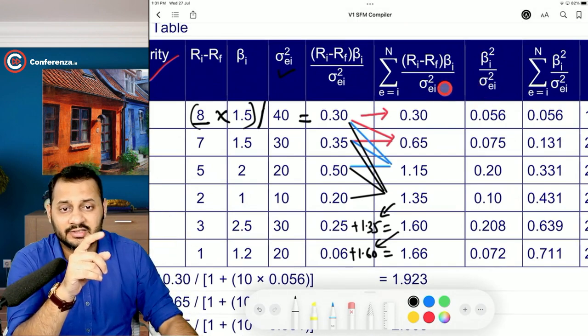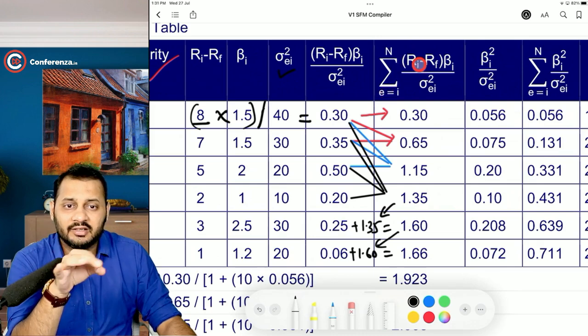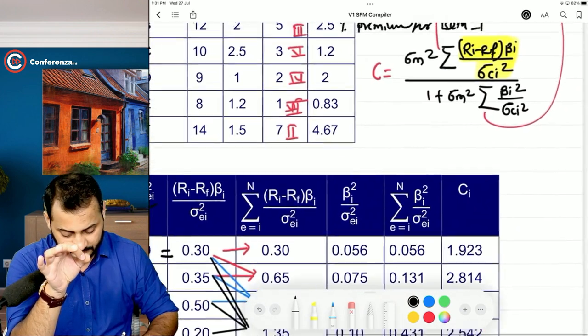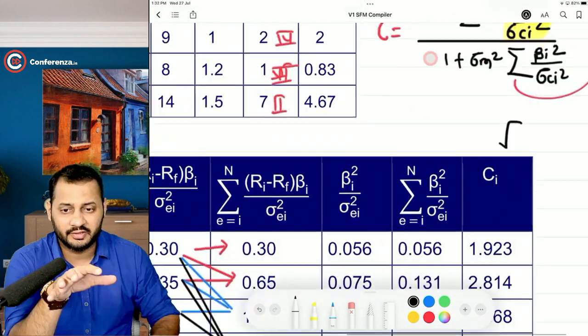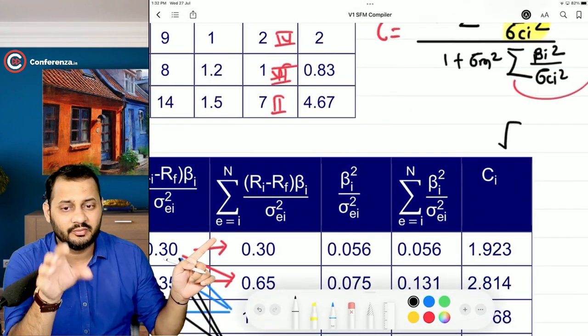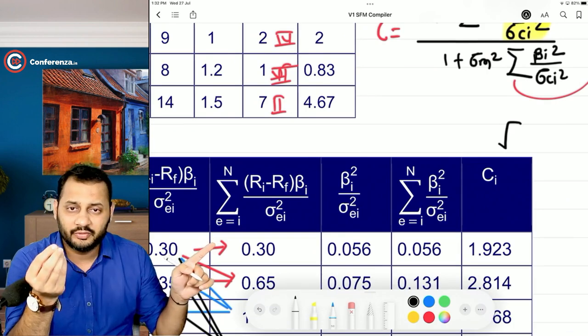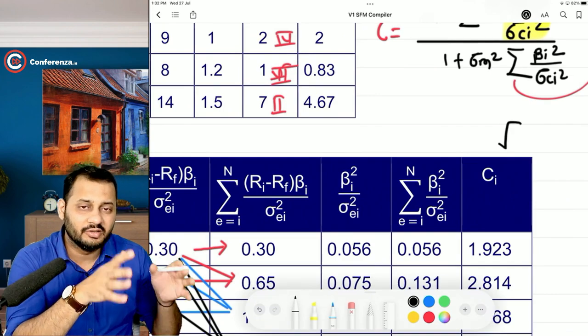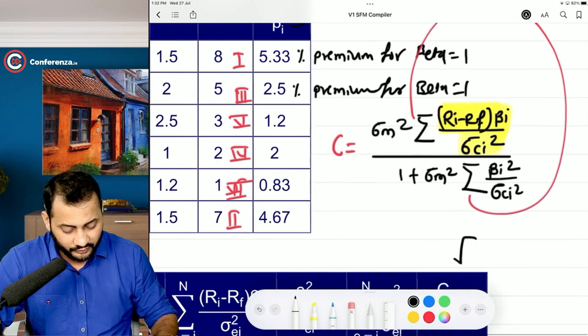Now we have reached at this stage, one step outside. Now this entire figure will be multiplied with the standard deviation of m square. We cannot call this figure a numerator because it is yet to be multiplied with the standard deviation of m square. So we are going to just create a column for our help.